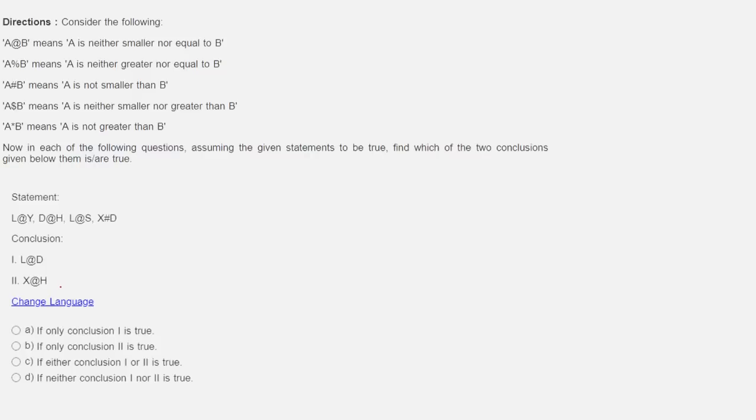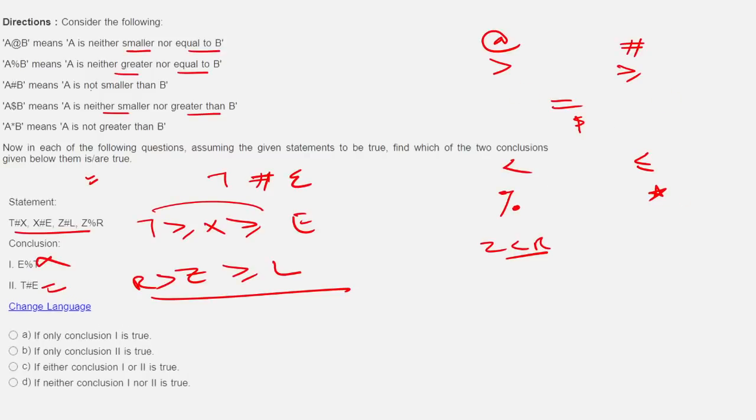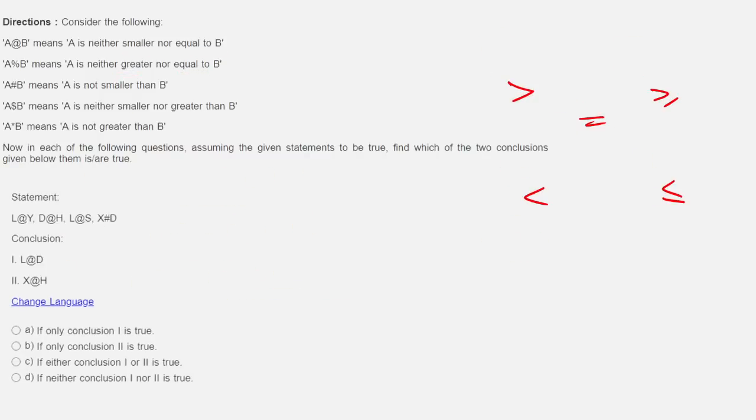What is happening? Okay, again I'll have to just draw here. This was greater than, equal to, greater than, equal to, less than, equal to, less than, equal to. Quickly put the symbols. At the rate of, hash, dollar, this was, I guess, percentage, and this was star, right? Let's quickly do this.